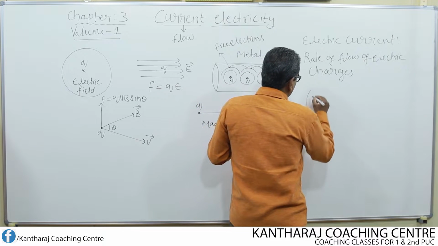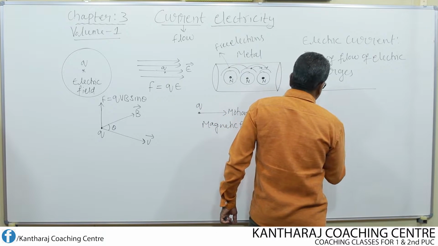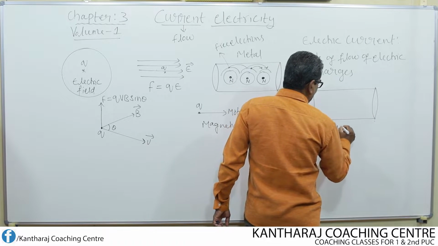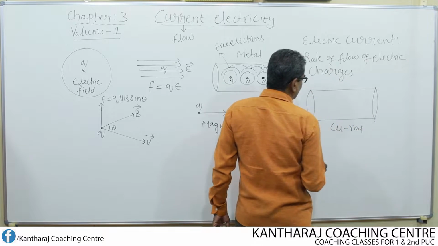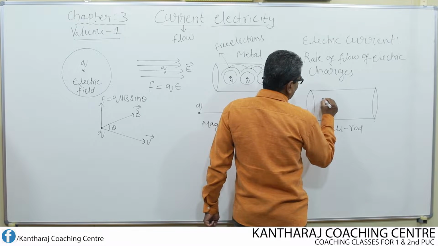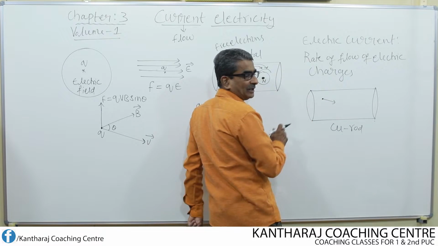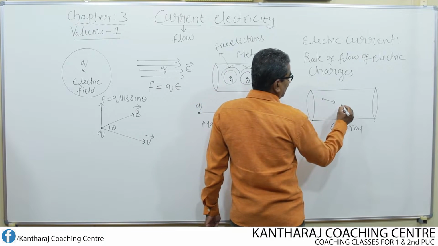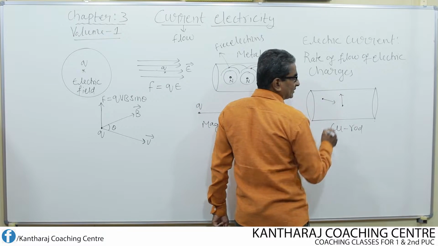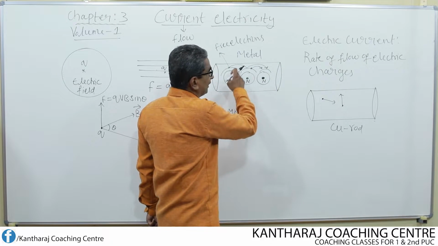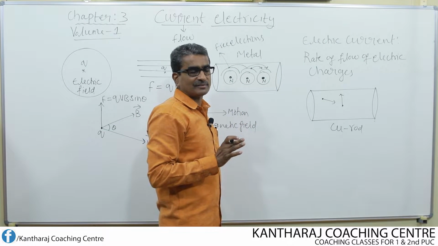That means, suppose I consider a metallic rod, say for example a copper rod. Now, if there is an electron here, and it moves like this, an electron of one of the atoms, and one more electron moves in this direction, I already told you that plenty of free electrons are available in metallic conductors.